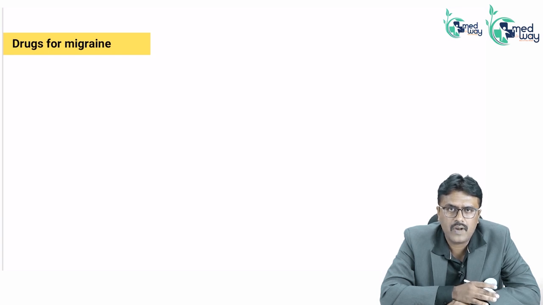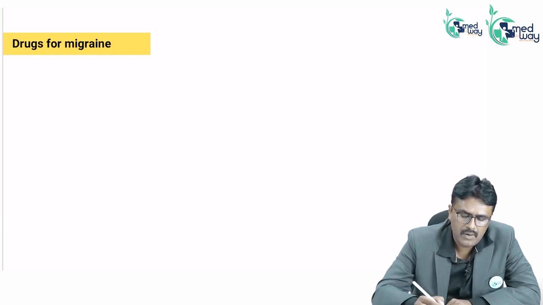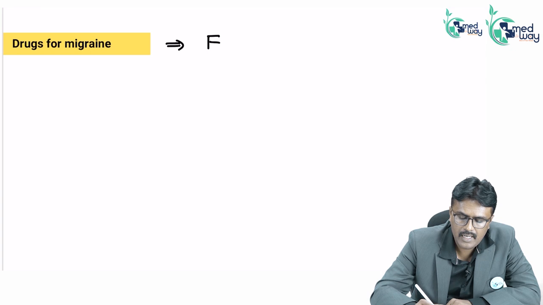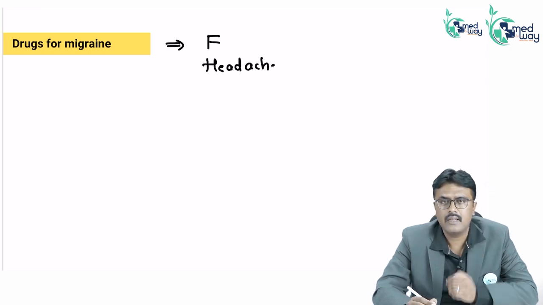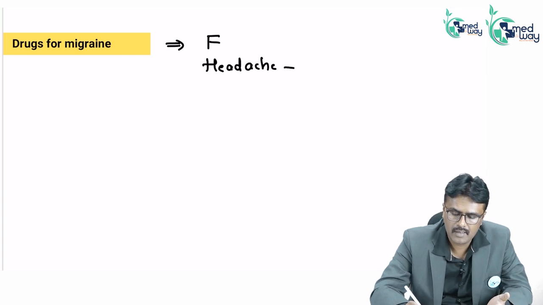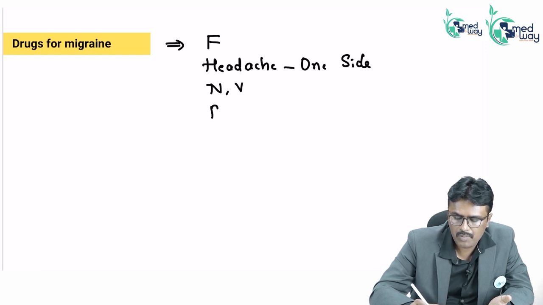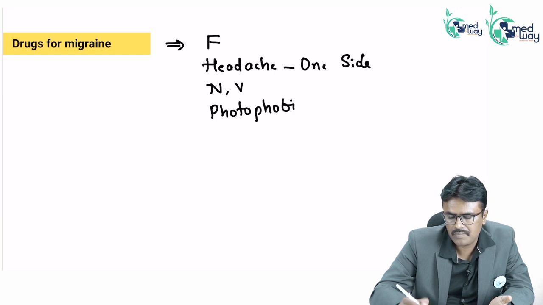And now we will come to the drugs for migraine. Now typically where do you see migraine? You see it in the female population. The headache is typically hemicranial, that is one-sided headache, and the patient will develop nausea and vomiting, photophobia, and they may develop aura symptoms also.